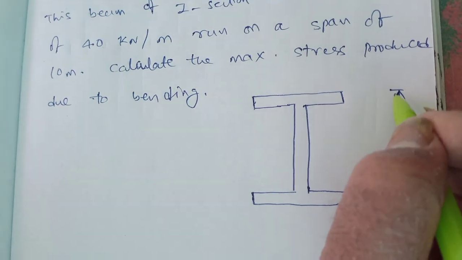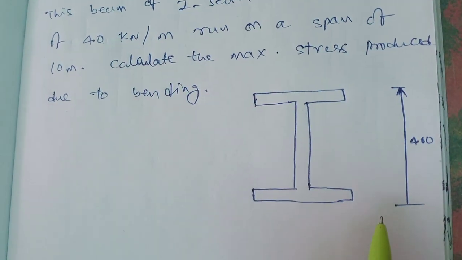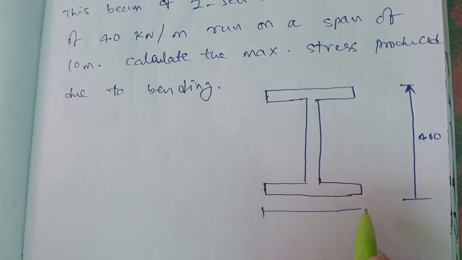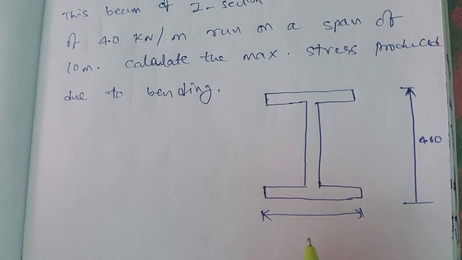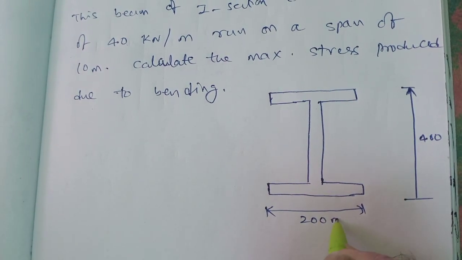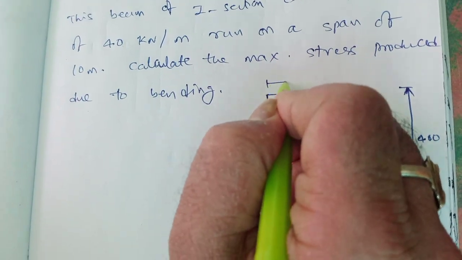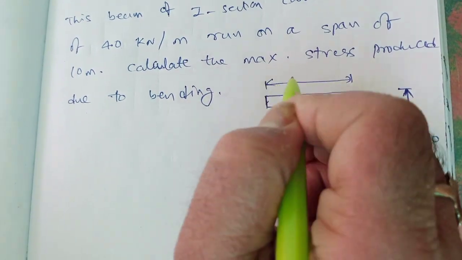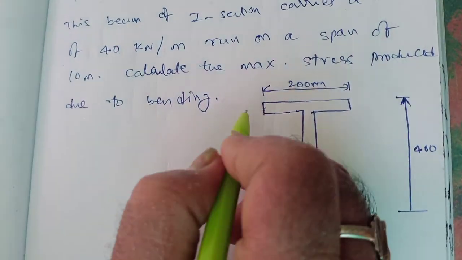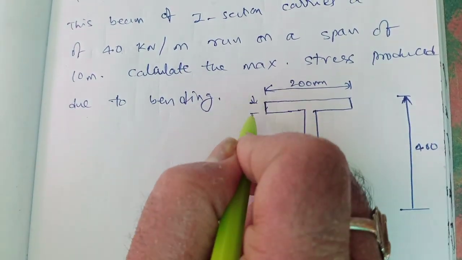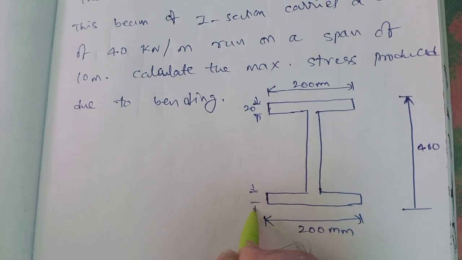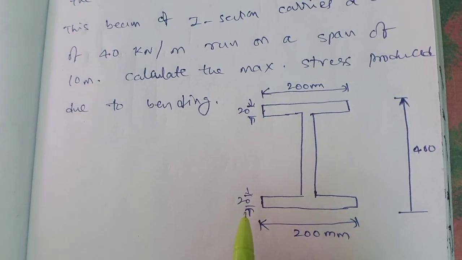See, the height of the I section is 400 mm. Width of the top and bottom flange is 200 mm. Top as well as the bottom both are with the same length, 200 mm. Thickness of the top flange and also the bottom flange are 20 mm.